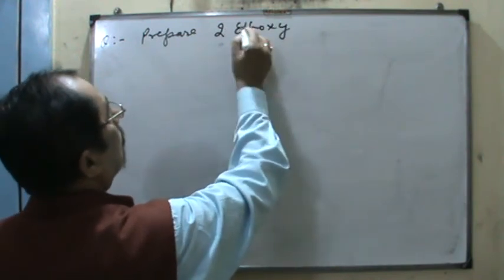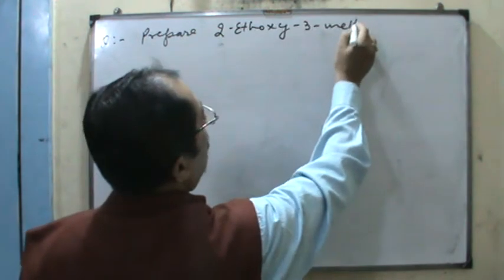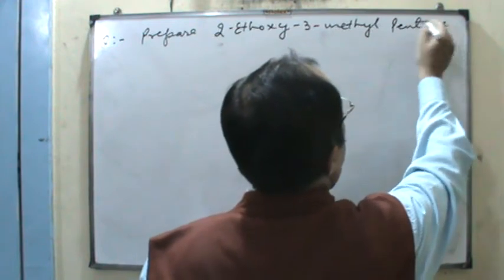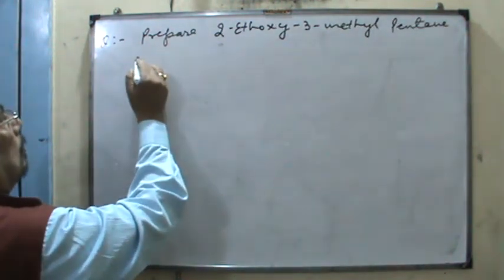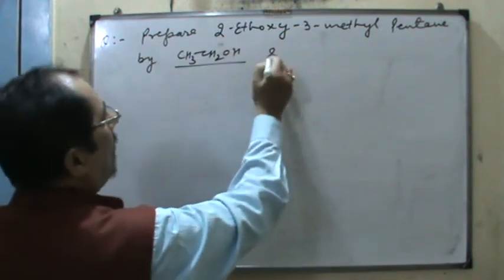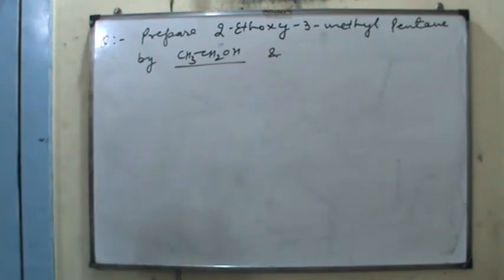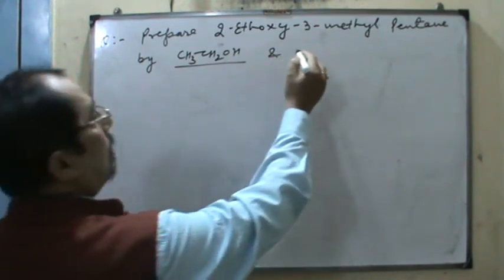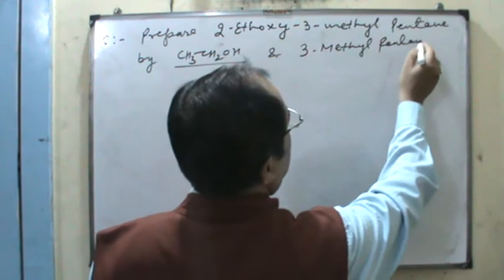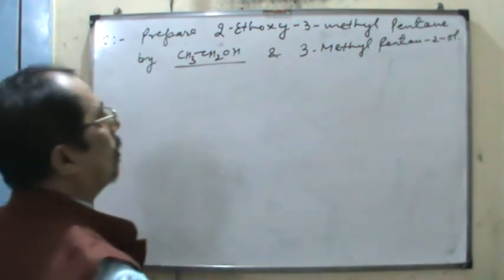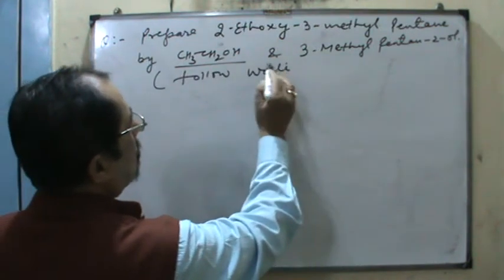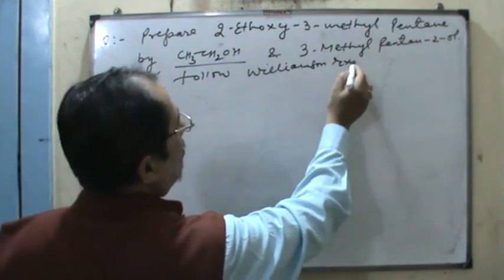Prepare 2-ethoxy 3-methyl pentane by ethanol and 3-methyl pentan-2-ol, with the help of the Williamson reaction.